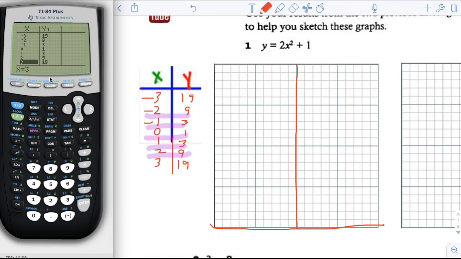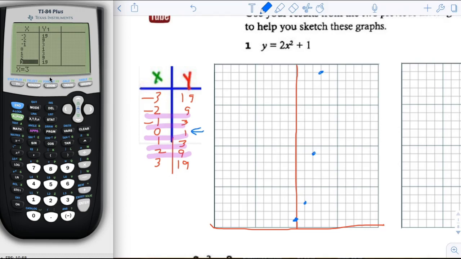Okay, so I'm going to graph. I drew my axes in red, and I'm going to draw my parabola in blue. So first I'm going to draw the vertex, and you can kind of see where the vertex is because there is a unique y value here, 0, 1, right? And then 1, 3 would be there, and 2, 9 would be there, and 3, 19 would be there.